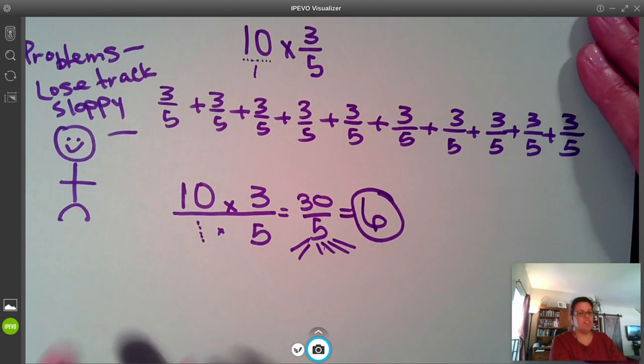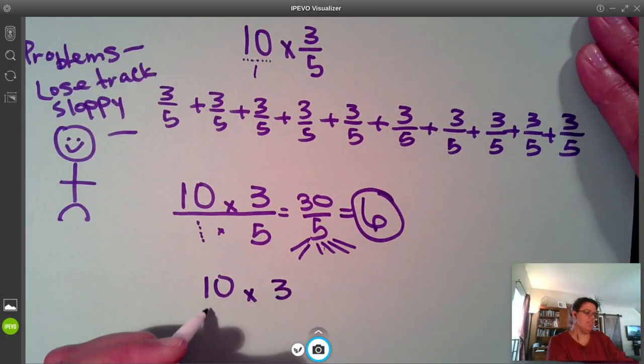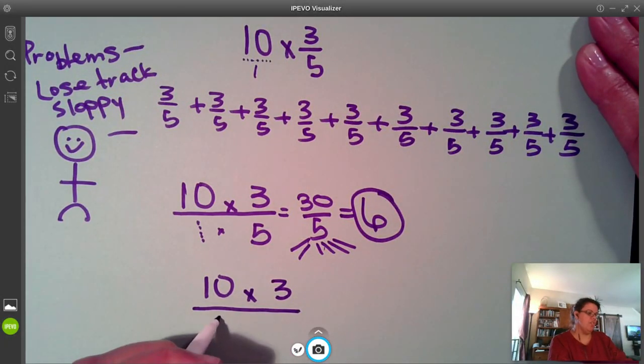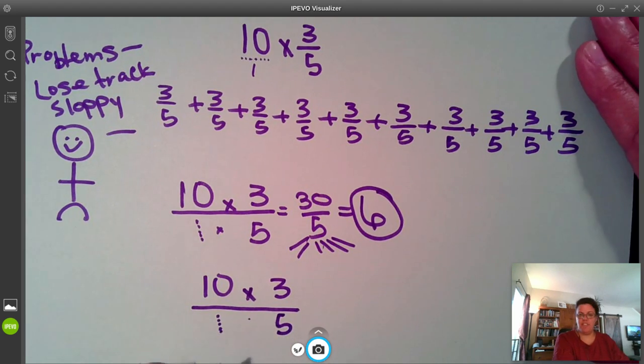Now, for those of you who have done this before, you also know there's another strategy. There's our invisible 1. There's our 5 for our 3/5. You know that if you think about the numerator and the denominator, and you can count by any of the numbers, you can actually cancel out stuff.